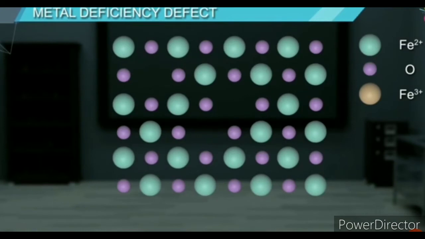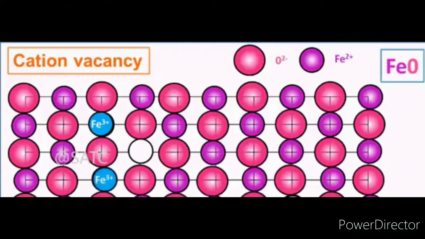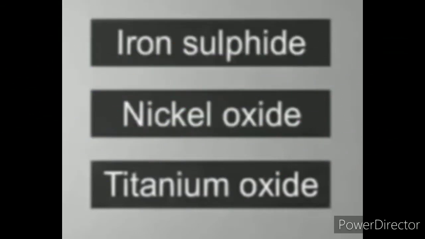In this crystal of FeO, some Fe2+ ions are missing and the loss of positive charge is neutralized by the presence of the required number of Fe3+ ions. Other examples of crystals showing metal deficiency defects are iron sulfide, nickel oxide and titanium oxide.